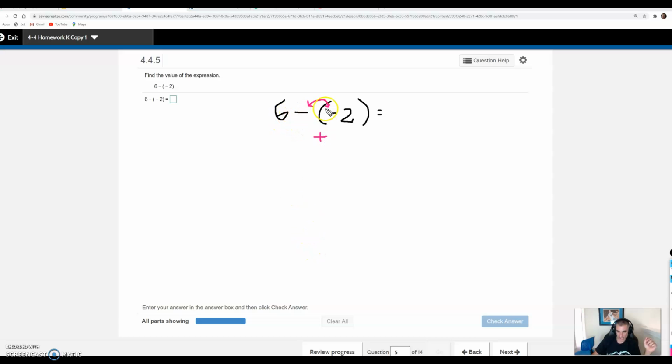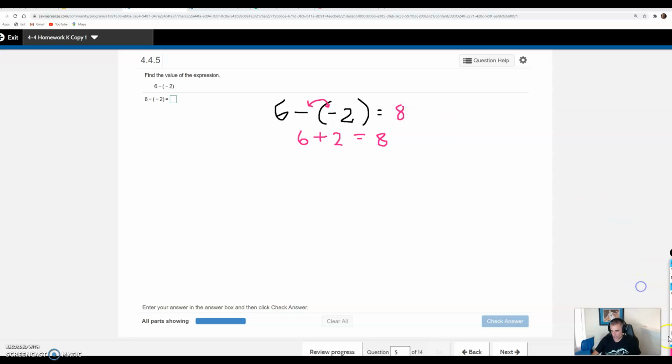So anytime we subtract a negative, it just becomes addition. These two expressions are exactly the same. This looks really confusing, but we all know 6 plus 2 is equal to 8. Well, 6 minus a negative 2 is also equal to 8.